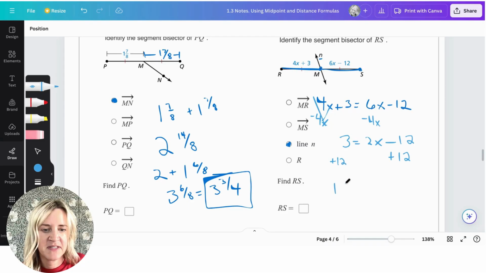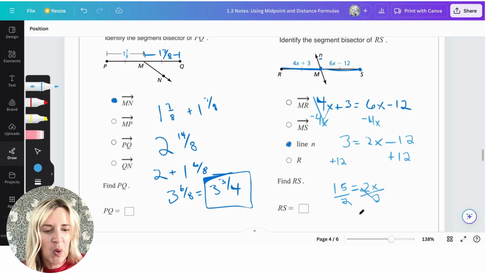So we have 15 equals 2x. Divide by 2. And we can leave that as 15 halves. You can put that in your calculator, or we can reduce that fraction: 2 goes into 15 7 times, left over 1, so 7 and 1/2.